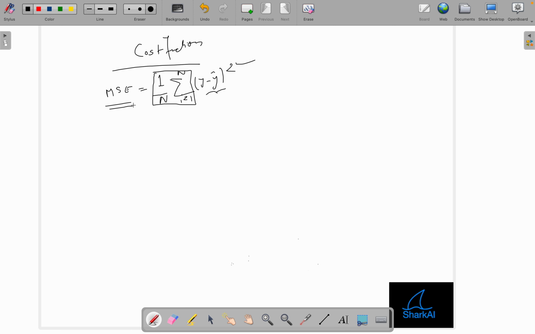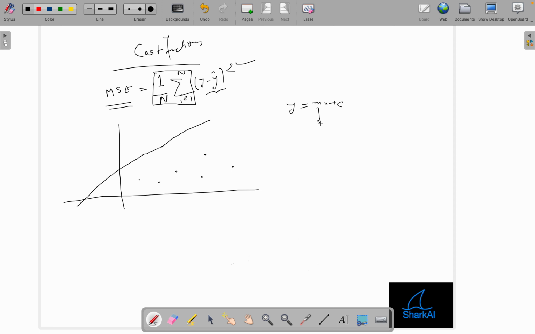But how will this help us achieve the best fit line? Let's see. Suppose this is the line we have, and suppose we have some data points here, 1, 2, something like this. As you know, the first time we draw, the model will draw an arbitrary line. Suppose the equation is y equals mx plus c.